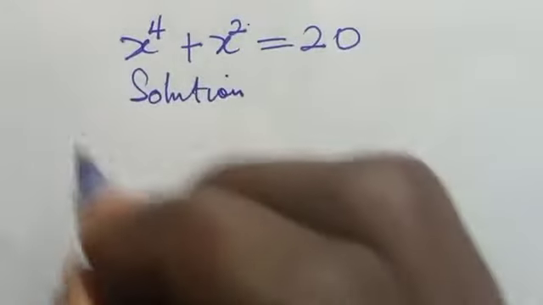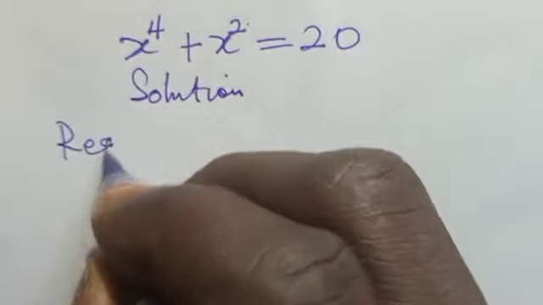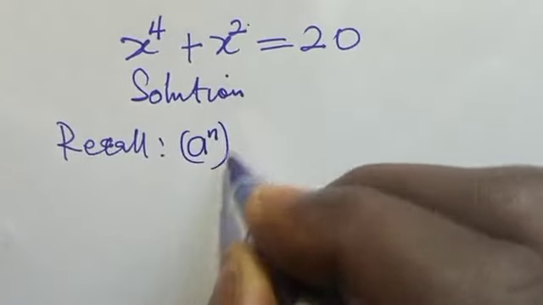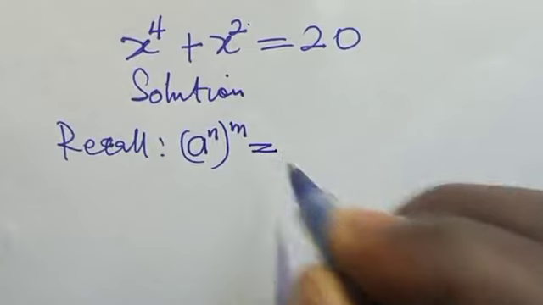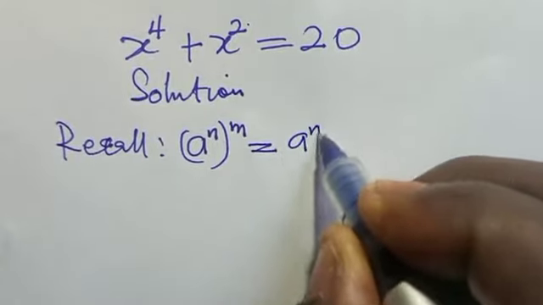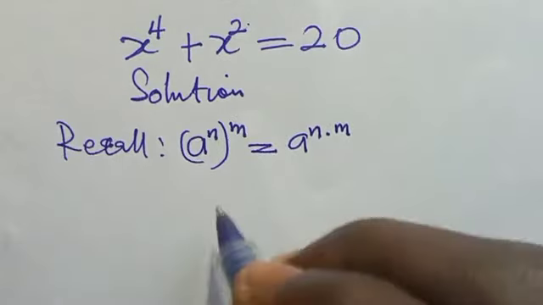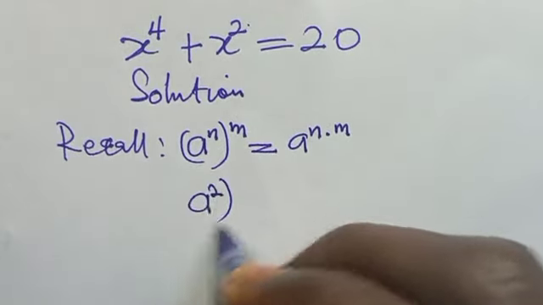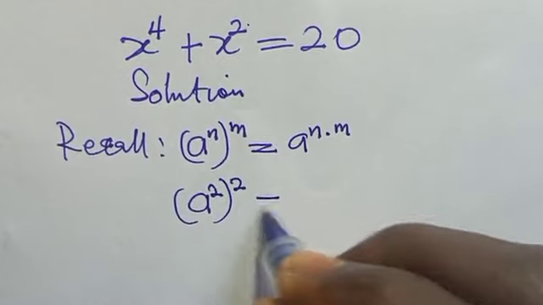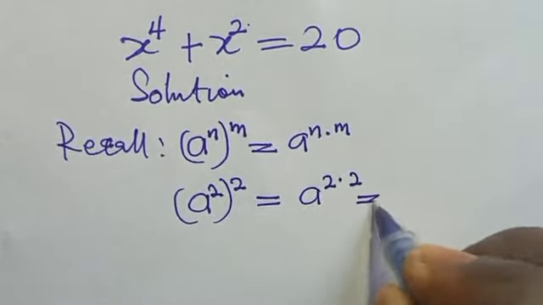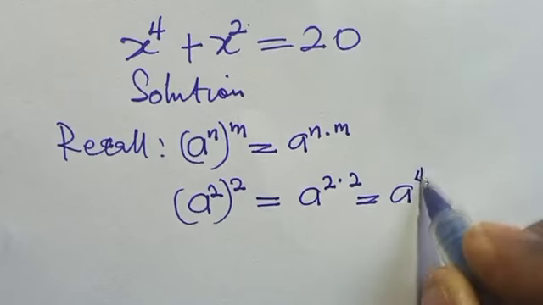And if we say solution to start, I would like for us to recall that a raised to power n, raised to power m, is the same as a raised to power n multiplied by m. So on the same vein, a raised to power 2, raised to power 2, is the same as a raised to power 2 times 2, which is a raised to power 4.